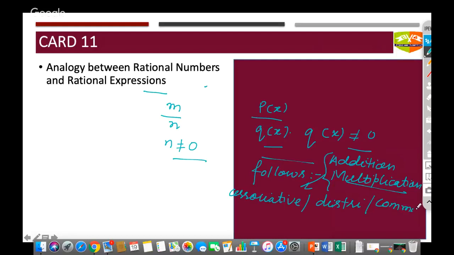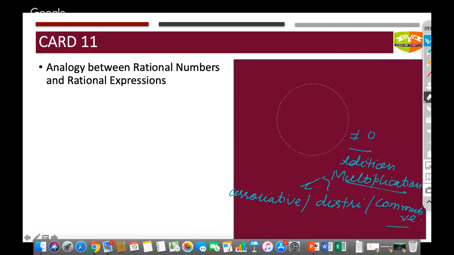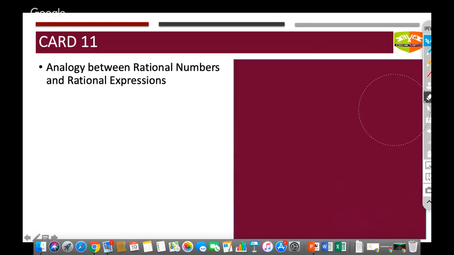So all these laws are followed by rational numbers and rational expressions both. Now let me move to rational expressions properly. Algebraic expressions are basically the study of rational expressions, and any rational expression is represented by px divided by qx, where qx is not equal to 0.